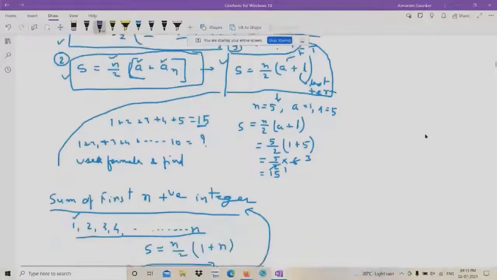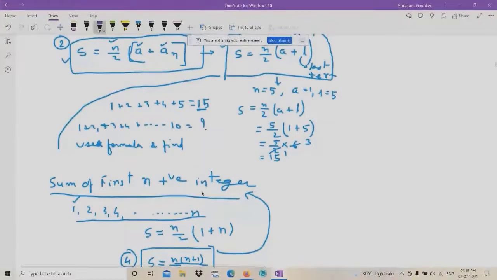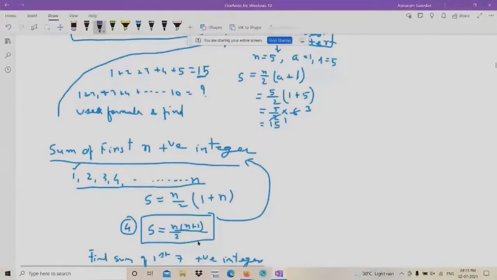And one more formula. If you want to find the sum of the positive integers, that is 1, 2, 3, 4 up to n, the formula again here is S is equal to n upon 2, and the first term is 1 and the last term is n. So this formula can be remembered as S is equal to n into n plus 1 divided by 2.